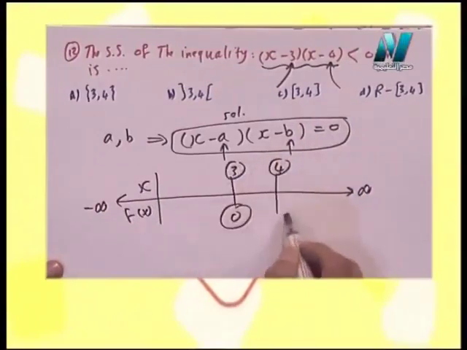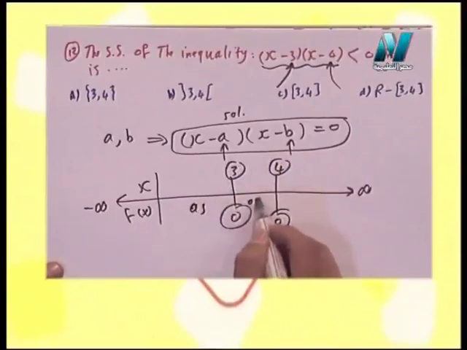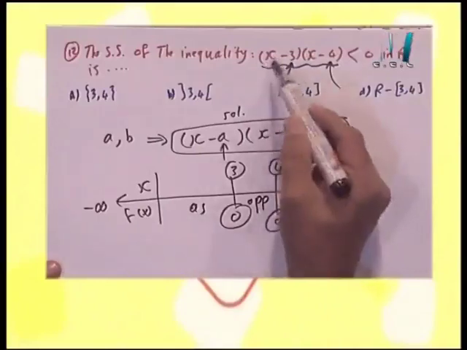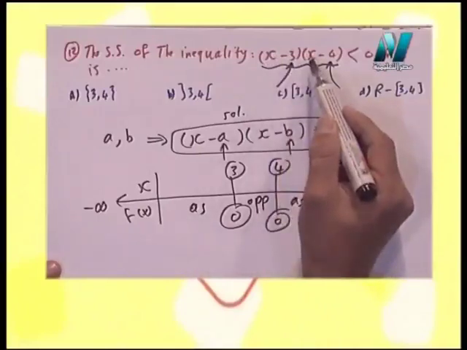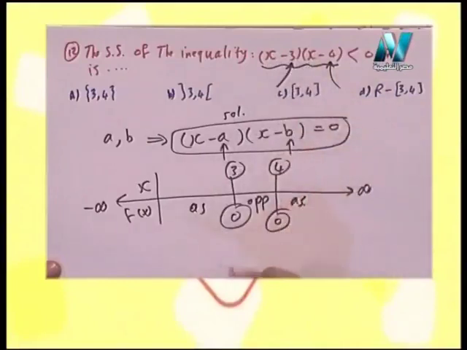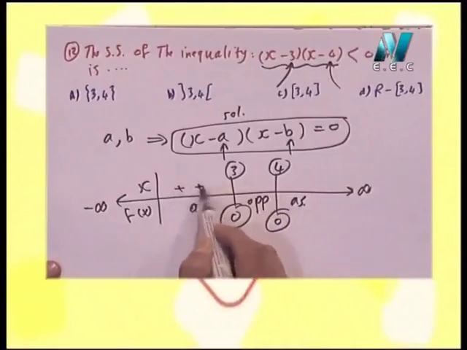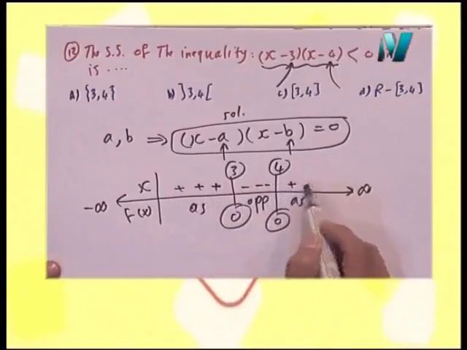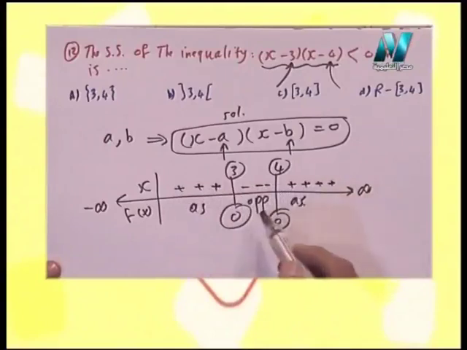We have 0, and it will be opposite as, as we know. As what? x multiplied by x equals x^2, and its coefficient is 1, and 1 is positive. So as means positive, opposite means negative, as means another positive.